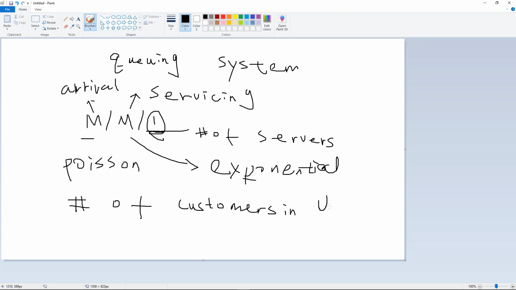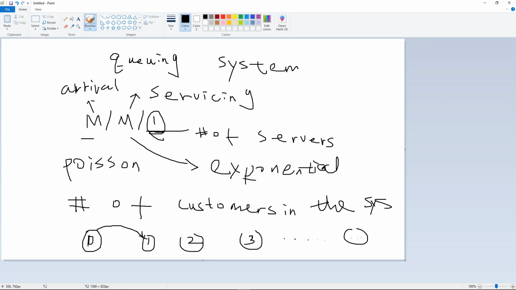If we use this to define the state, then we know about the transitions of the state, meaning that there could be 0 customers in the system, could be 1, could be 2, could be 3, potentially could be infinity, right?